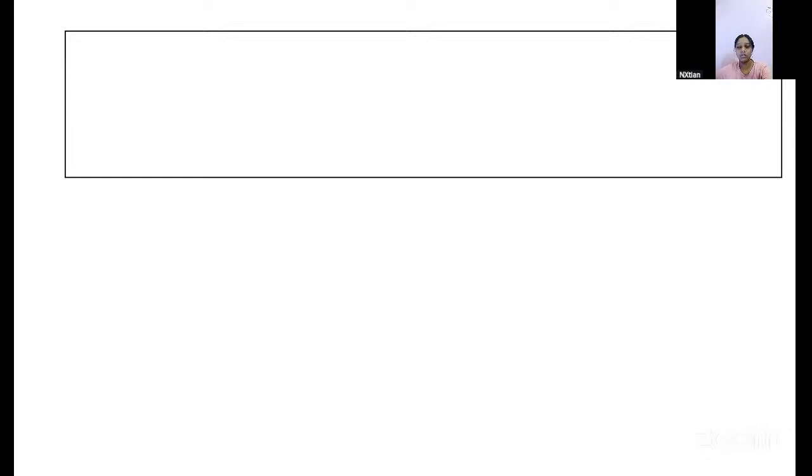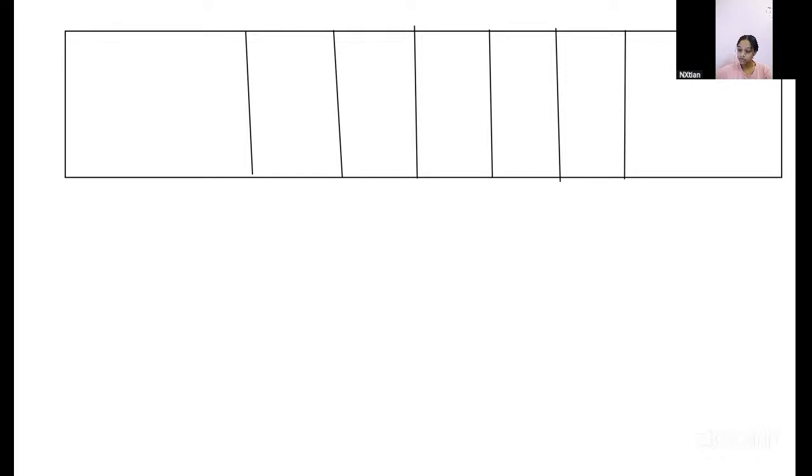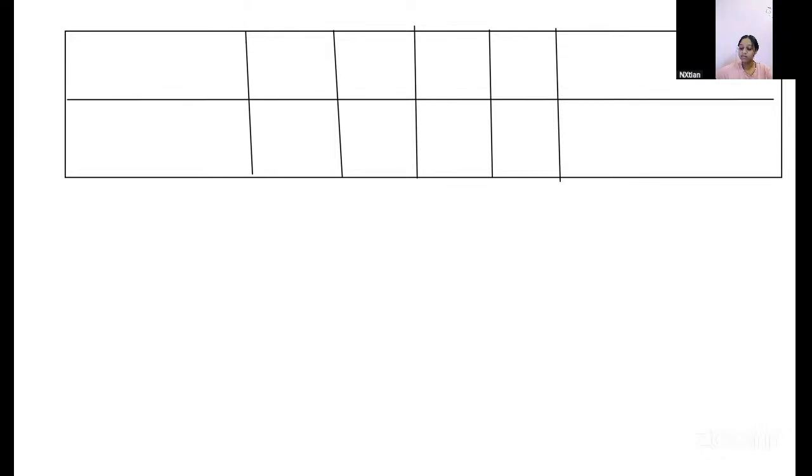Today's sutra is to solve for cube roots of perfect cube numbers. Ma'am, how many columns? Six, Abraham.